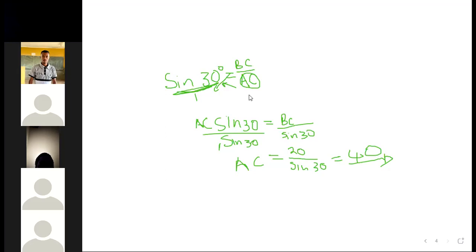So this triangle right here, we want this angle. We found AC, right?